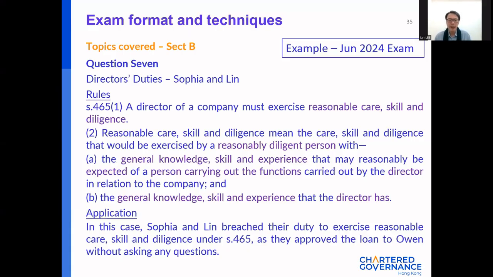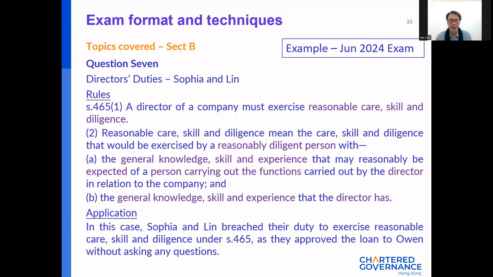Okay, so part A is sometimes known as the objective test. What it's saying is this is what we normally expect of a reasonably diligent person acting in your capacity as a director of that particular company. That's the level of knowledge, skill, and experience, the care, skill, and diligence we expect. Part B is the subjective test: the general knowledge, skill, and experience that the director has.